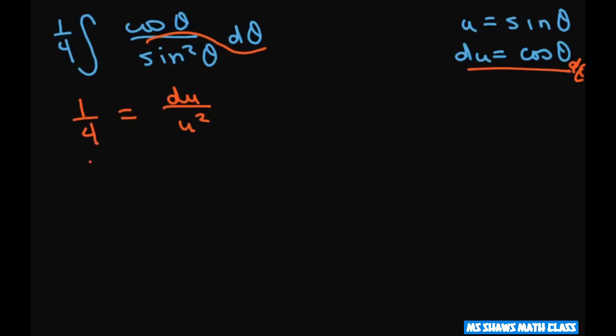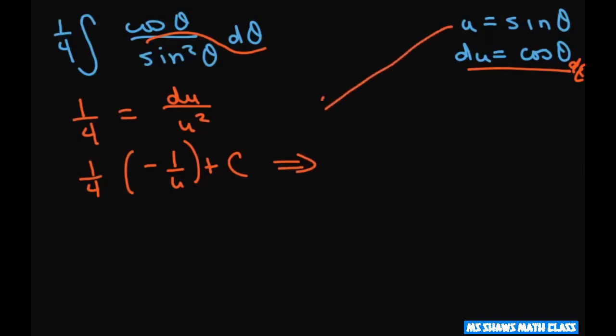So that gives you 1/4, and this is just going to be negative 1 over u plus c. So substitute back in your sine. So that's going to be 1/4, negative, put the negative out here, 1 over sine theta plus c.